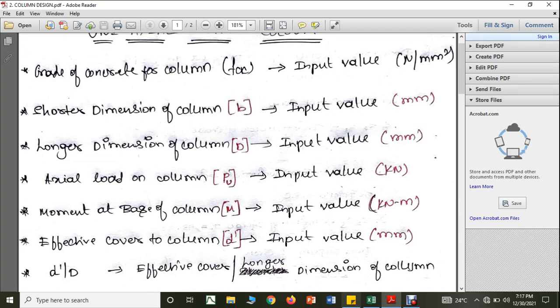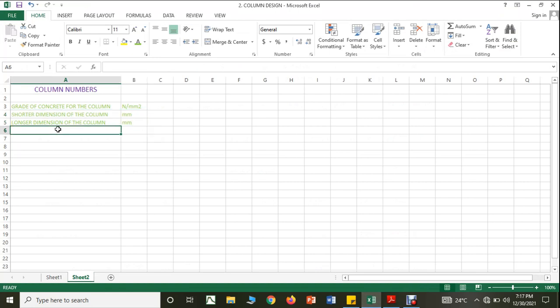That is the axial load on the column, which will be given in kilonewton.